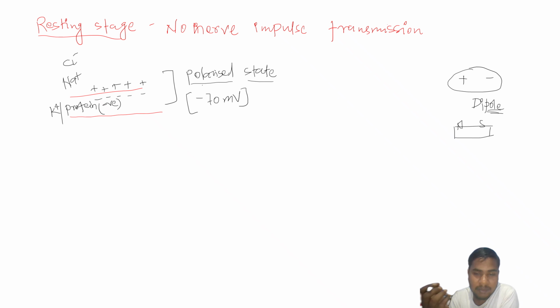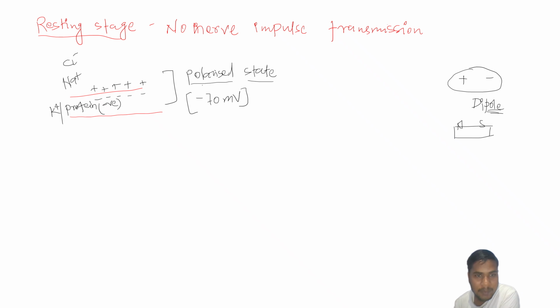So the maintenance of this resting state or polarized state is done with the help of some channels present in the membrane and some pumps which are also present in the membrane. Before moving on, we will talk in more detail about the channels and the pumps.